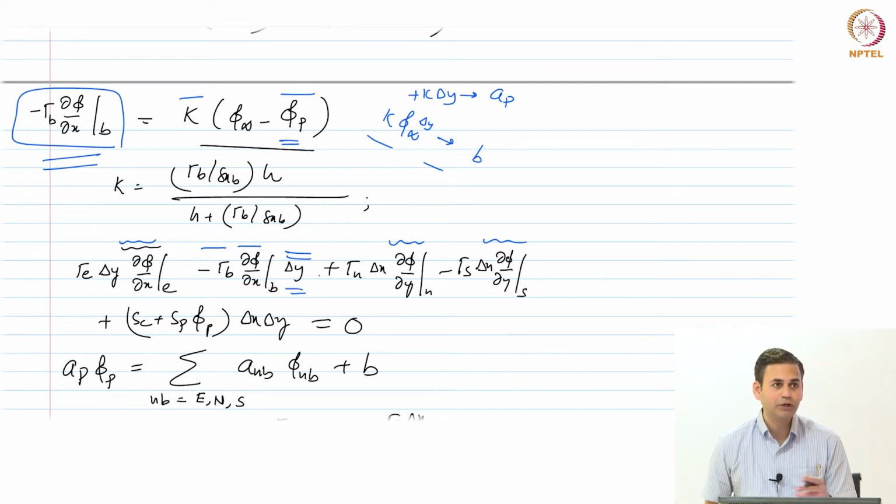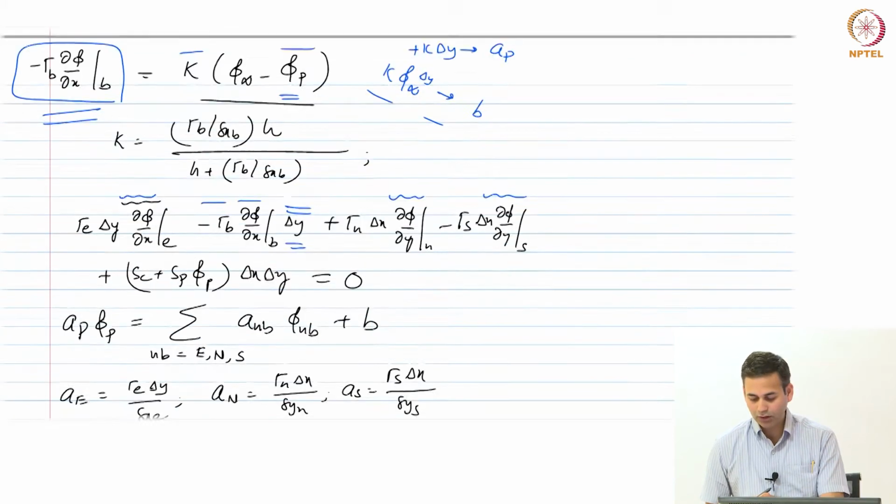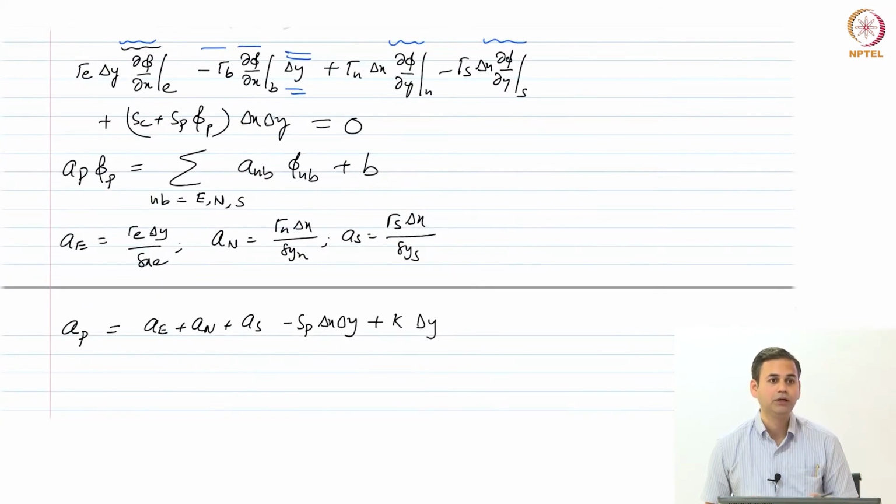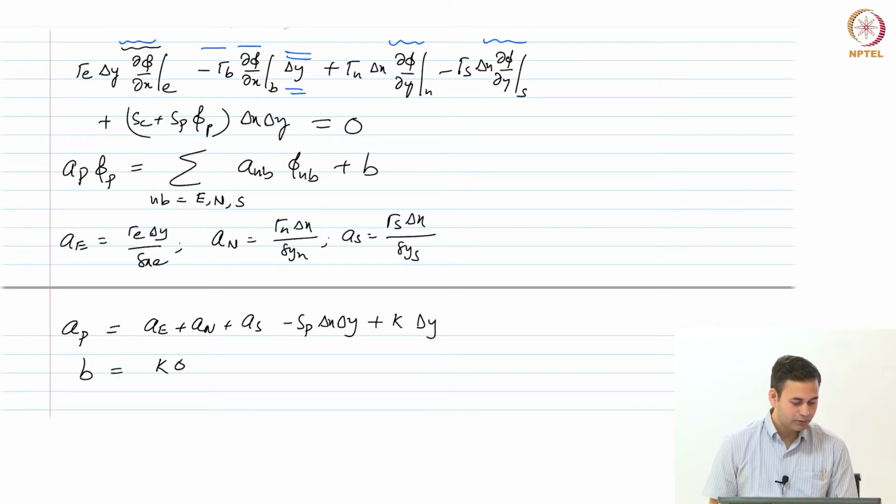So, phi p is already taken out as a coefficient for AP. Then this is what goes into the central term. Now, what is remaining? We have B term. What would be B? K into phi infinity times delta y plus SC, the source term, SC times delta x delta y, that is all.